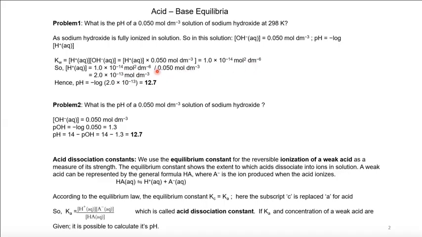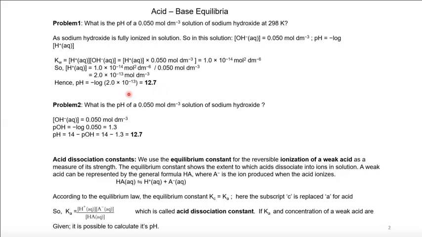So we put these figures in and find the hydrogen ion concentration, which is 2.0 × 10^-13 mol per dm³. If we now take minus the logarithm of this hydrogen ion concentration, we get the pH, and the pH of the problem is 12.7.